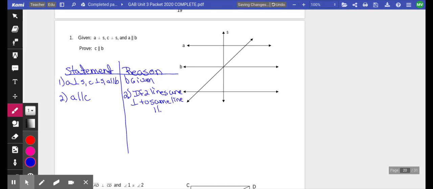Then we also know A is parallel to B, so that would mean that C is parallel to B, because the other theorem we learned is if two lines are parallel to the same line, they're parallel.